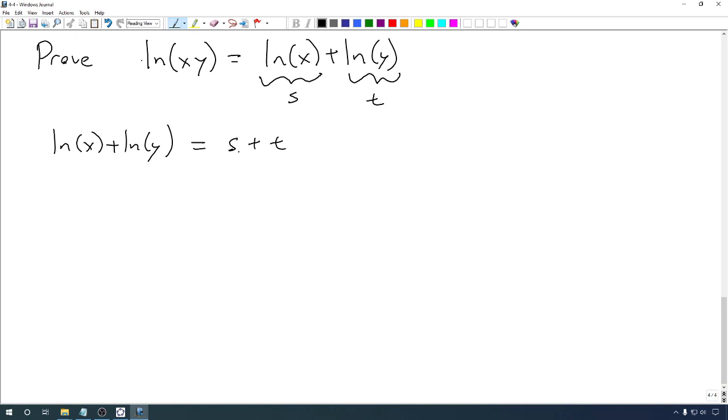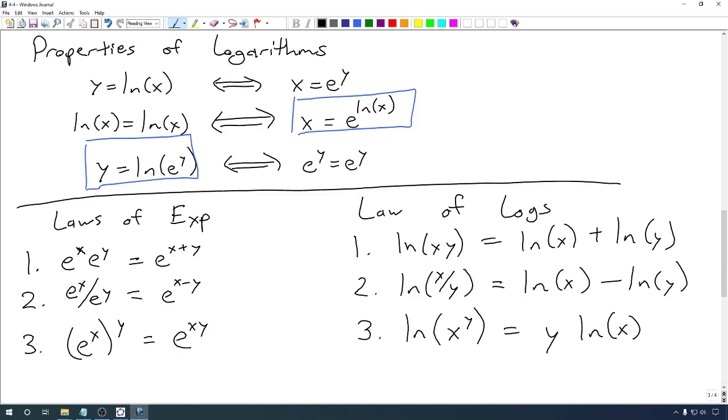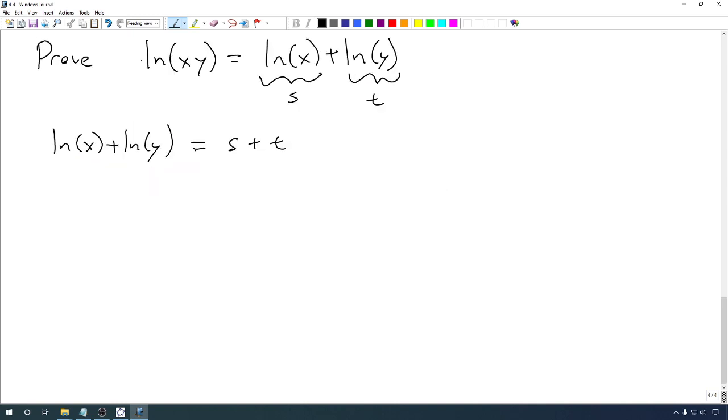Well, remember, the natural logarithm and the exponential function cancel each other out. I can actually go the other way as well. So I can start with something that's on the outside and turn that into the natural logarithm of e to that power. So s plus t is the same thing as the natural logarithm of e to the s plus t.